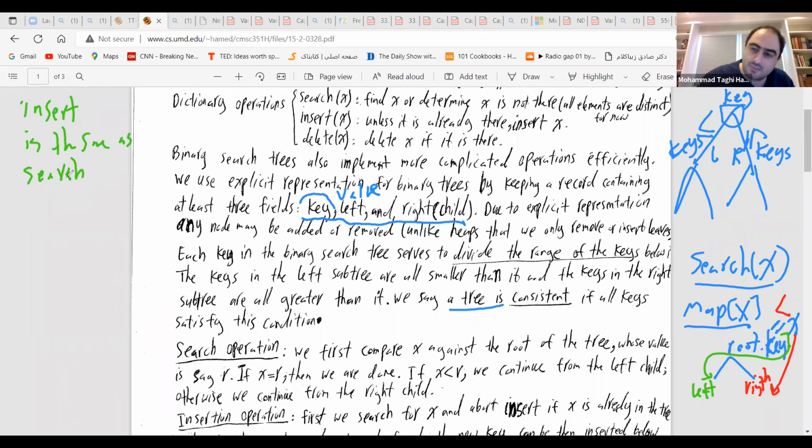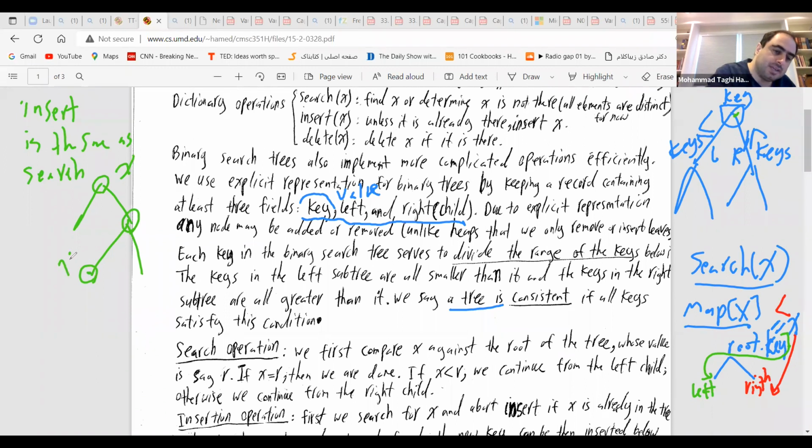If not, say, for example, you are coming here. Let me just draw it here, actually. So this is the X. You are comparing it with this guy, then with this guy. If it is equal, then you are done. Then you compare it with this guy. So when you come here, you didn't find it, and this is a leaf. Then what do you do when it is a leaf?